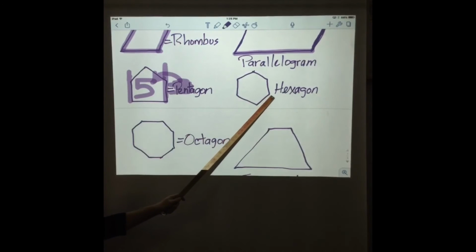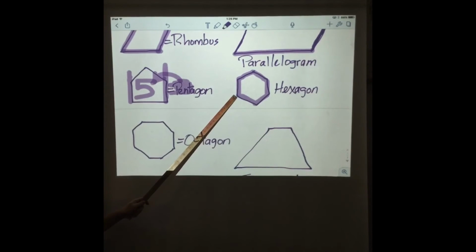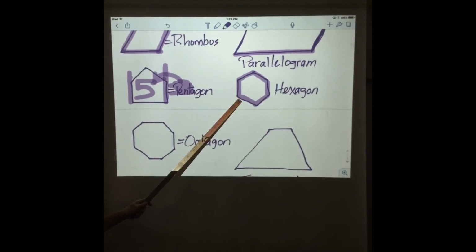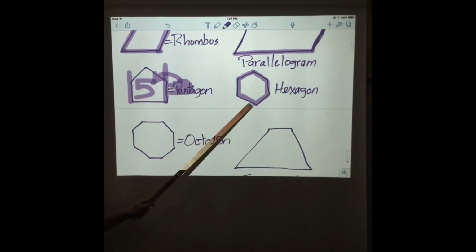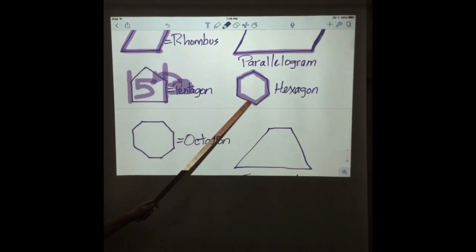How about this? What's a hexagon? Hexagon. Is it a polygon? Yes. Why? It has many sides. Is it a quadrilateral? Quadrilateral means four. And it has how many sides? Well, 1, 2, 3, 4, 5, 6.